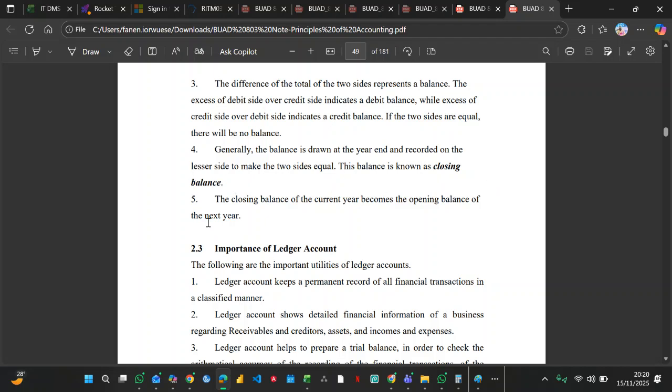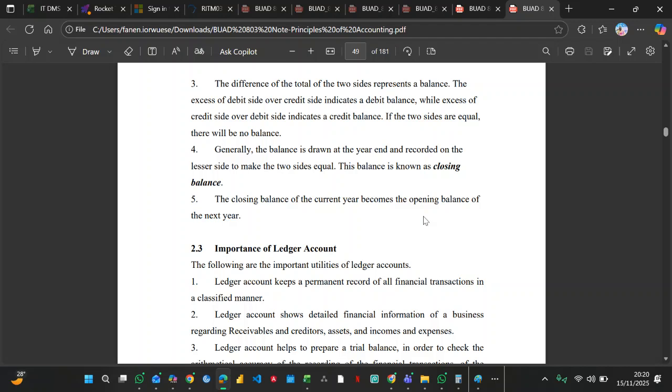So the closing balance of the current year becomes the opening balance of the next year. Okay. Like if you close your account this year, let's say in December, the money you have in your bank account this year will become the opening balance for you next year.